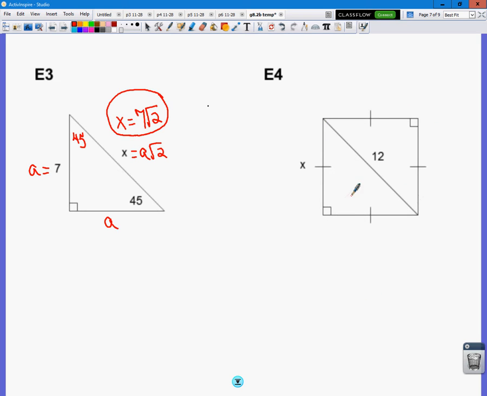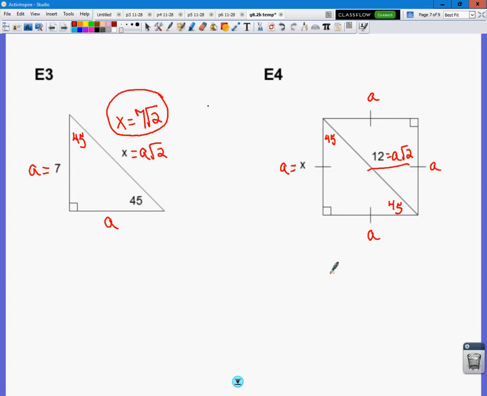It's isosceles and right, so I know that these two angles are 45 degrees. Which means where the X is A. This side is A. In fact, all the sides I could go around and mark them as A. And where the 12 is would be equal to A square roots of 2.